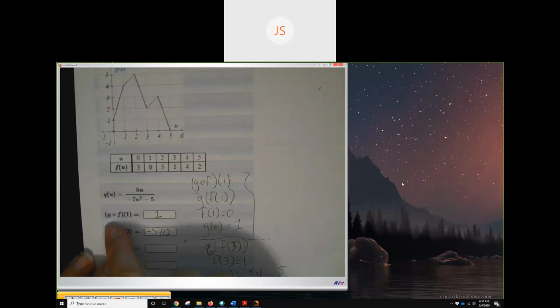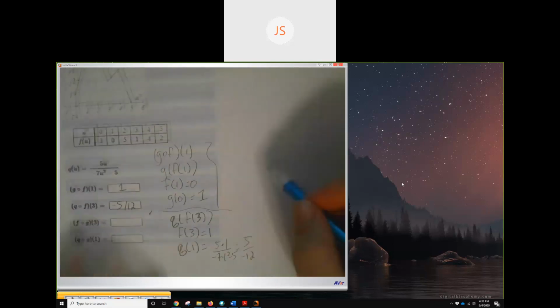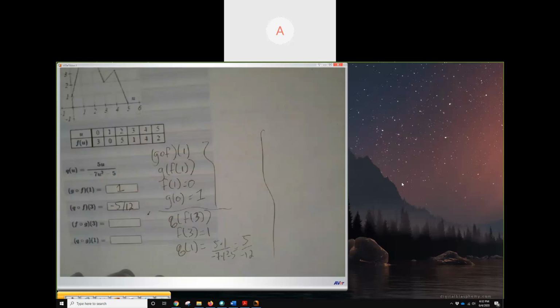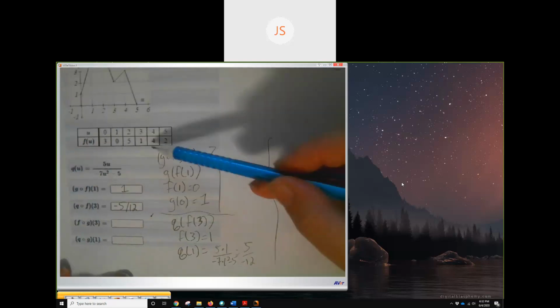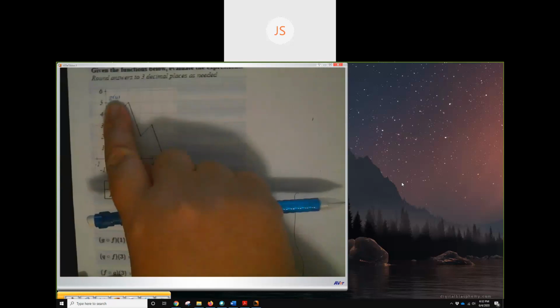Because this one doesn't have a Q anywhere, so I didn't use Q. This one doesn't have a G anywhere, so I'm not going to use G. So this one is only going to use F and G again. Which is the graph, right? So F is the table, because it says F, and G is the graph, because that says G.